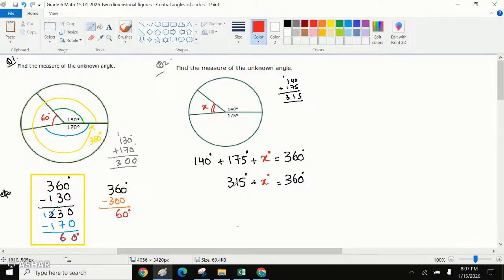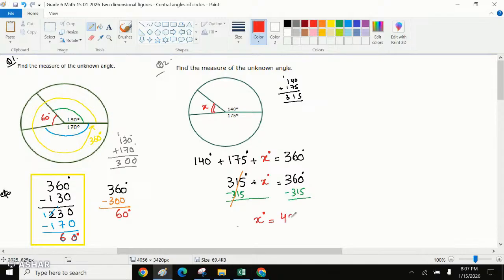So if 315 is being added on this side, can we subtract 315 on the other side? That means we subtract 315 on either side. Agreed? 315 cancels out. That means x comes out to be, what is 360 minus 315?